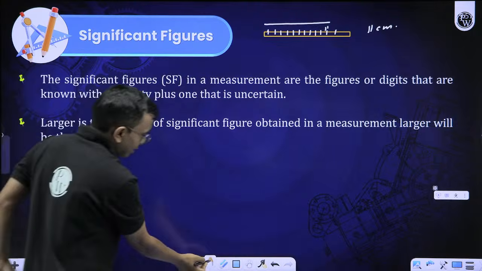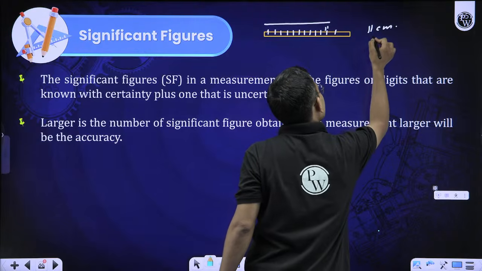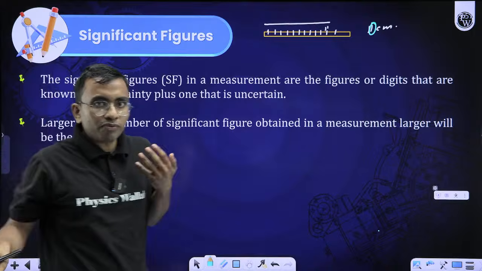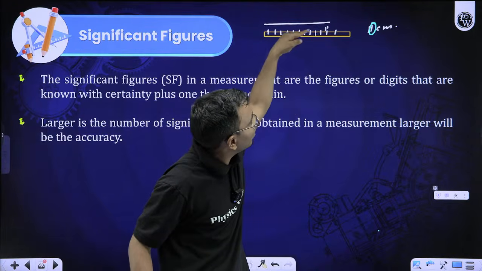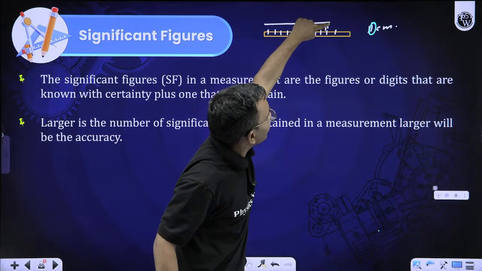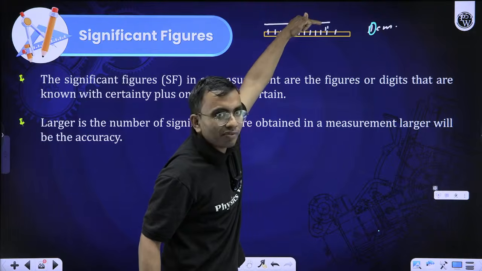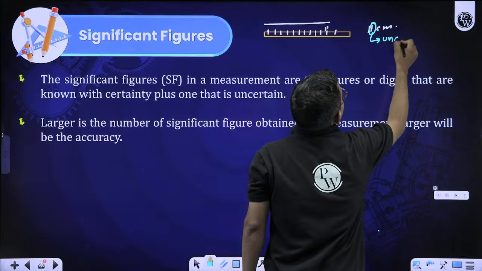In this we say that this last digit is my uncertain digit. You cannot be sure about this digit. This can be tending to 12 also. This can be just before 11 also, still you are marking 11th. So we say that this last is my uncertain digit.